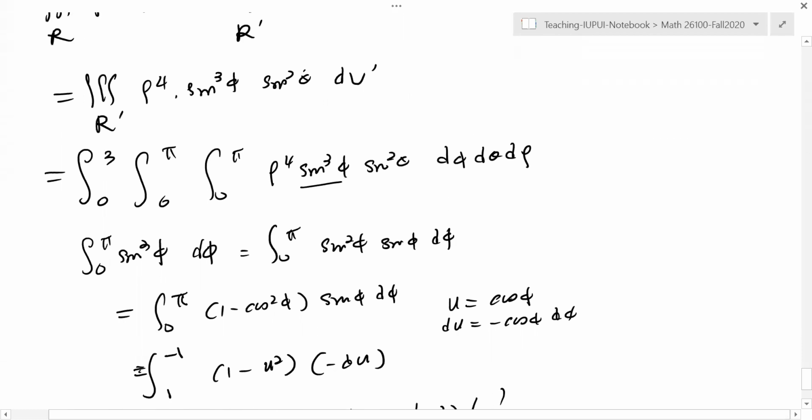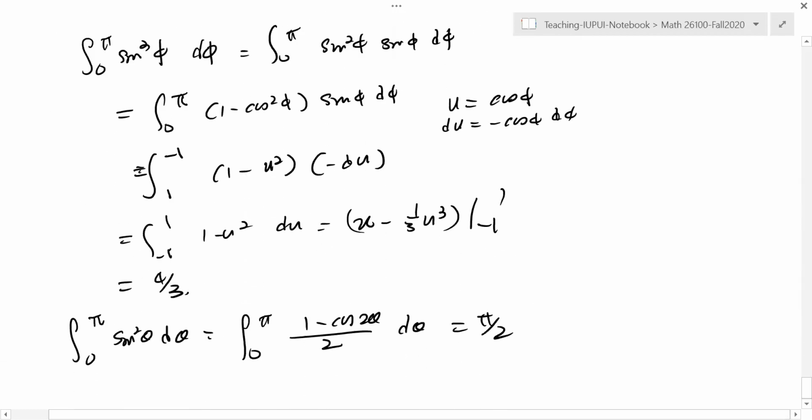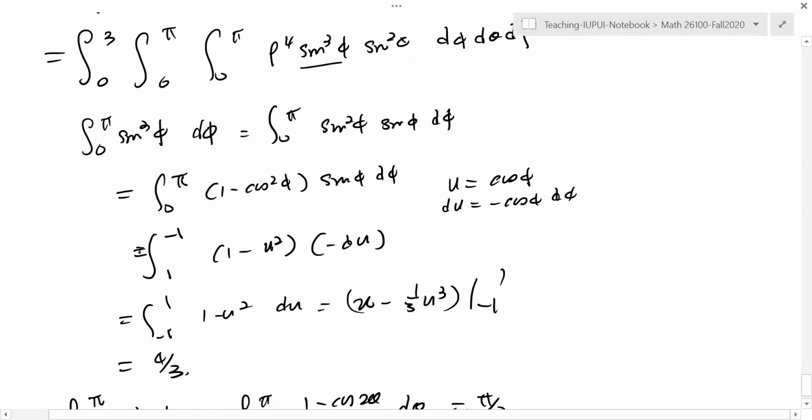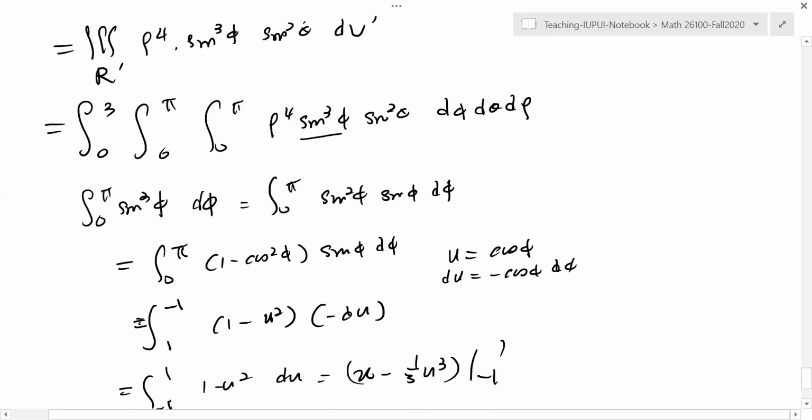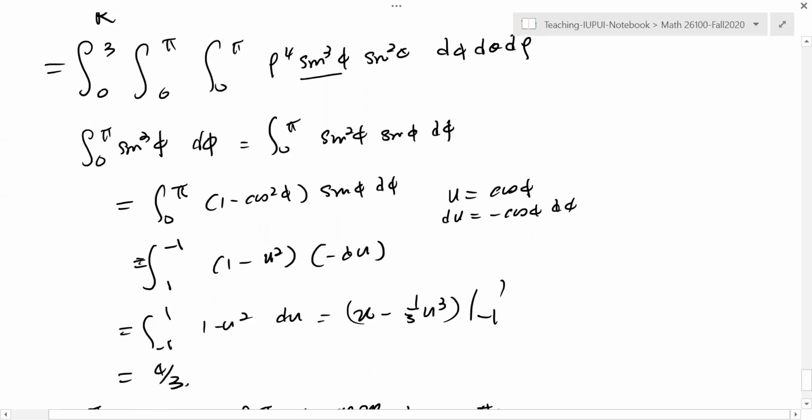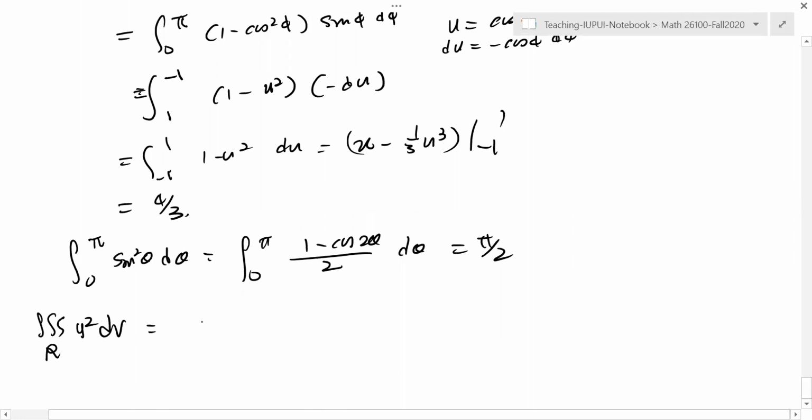All we have to do is go back to this triple integral. The antiderivative of rho to the fourth power is going to be rho to the 5th, let me write it down here, times pi over 3 and pi over 2.